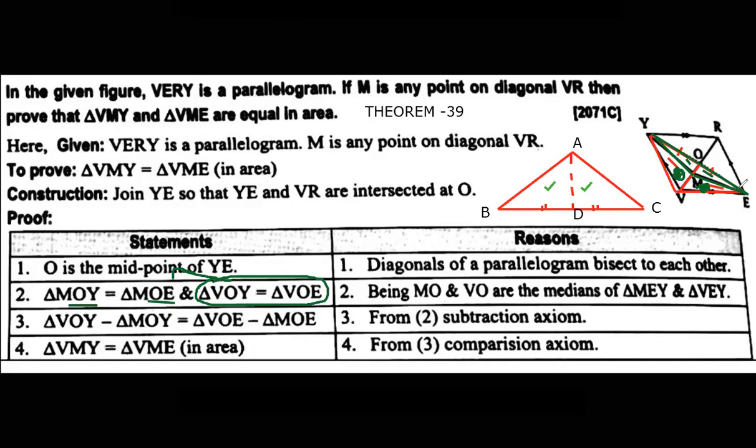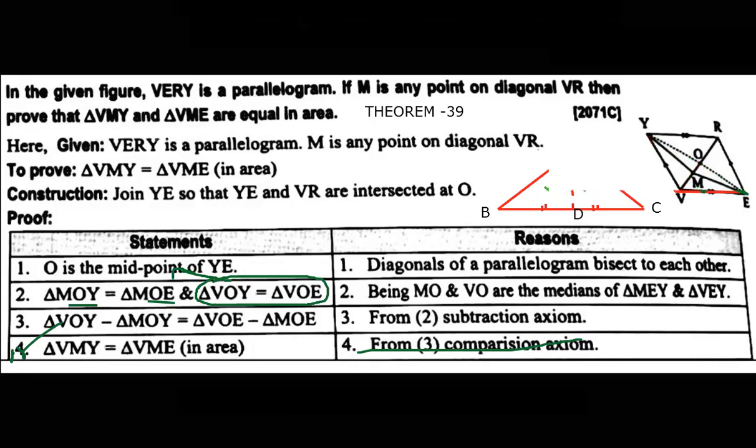And ठुलो triangle minus a small triangle BME also. So subtracting statement 1 and 2. Got it? So in this way, we are going to solve our answer. If there is any problem, you can ask me later also.